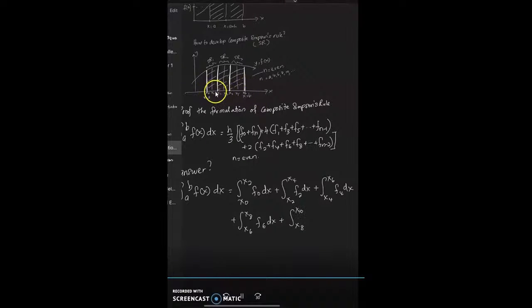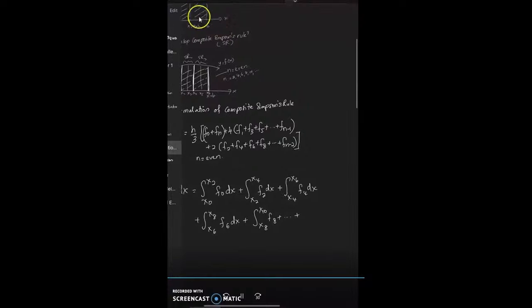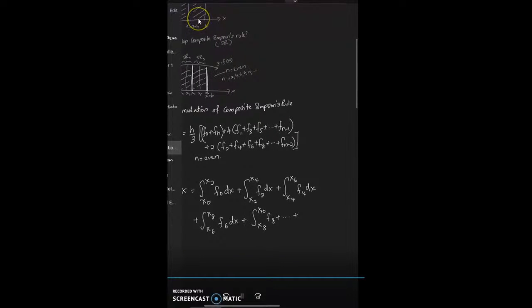So how many partitions do we do? 1, 2, 3, 4, 5. Five partitions. You can add x10 to x12 and so on, and then we end up at xn minus 2 up to xn, f(x) dx. So this is what we do.